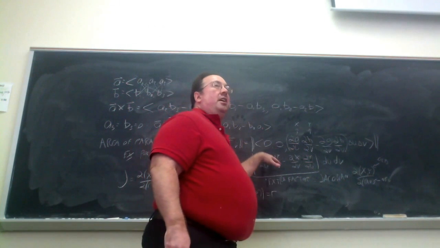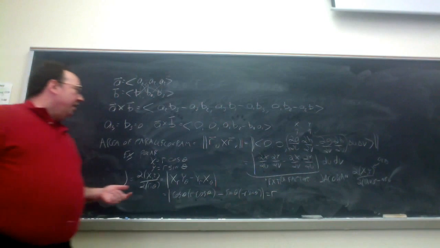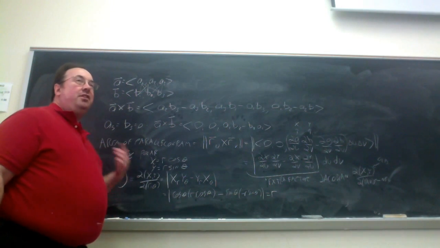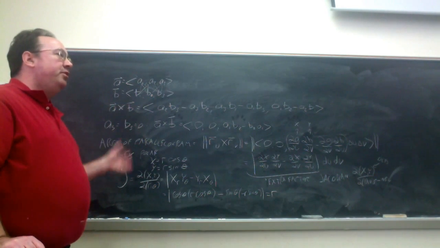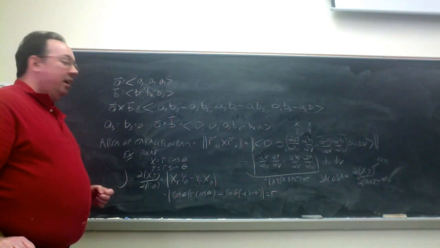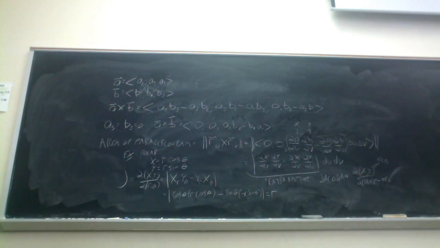It's a similar idea. It's just you're going to have a 3 by 3 determinant instead of a 2 by 2. So for instance, if I had the spherical coordinates, x, y, and z defined in terms of rho, theta, and phi, and I did that 3 by 3 determinant, I would get the extra factor for spherical coordinates, rho squared sine phi. In fact, I think I might have even carried it out in the notes.